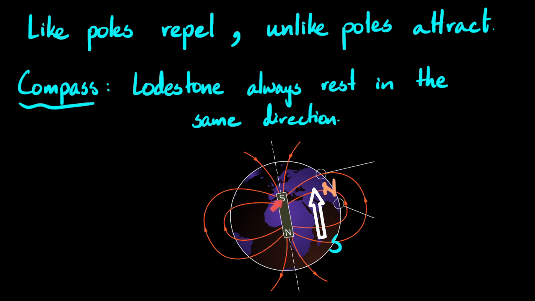So the magnetic south pole is the geographic north pole. This is how we define it, because the compass points towards the geographic north, and similarly the magnetic north pole of the Earth is where the south of the compass points towards, and this is your geographical south pole. So just some basic common knowledge about compasses and the magnetic field of the Earth.